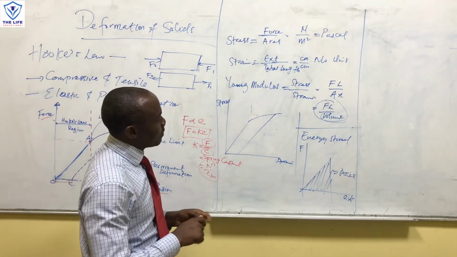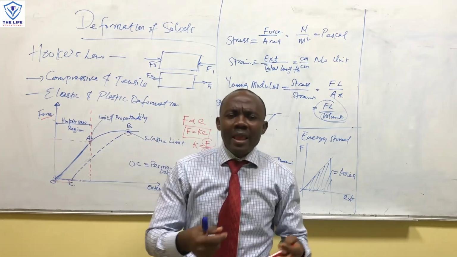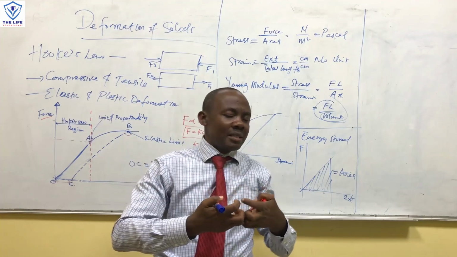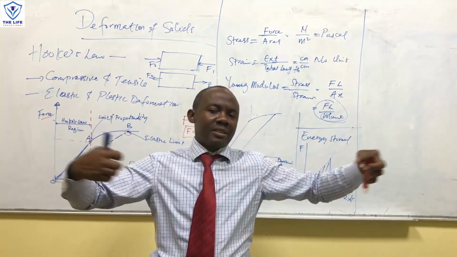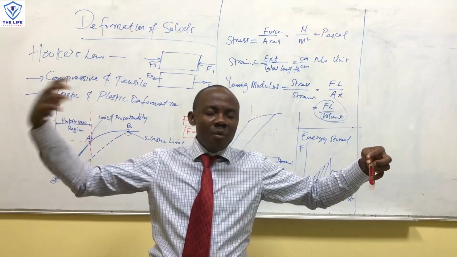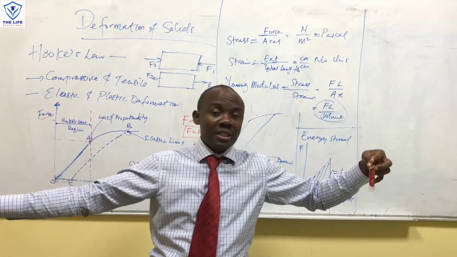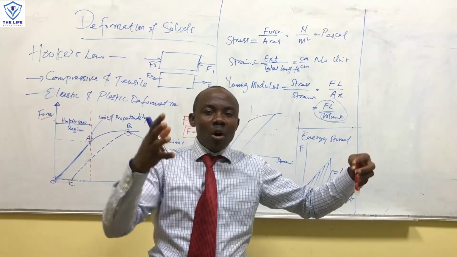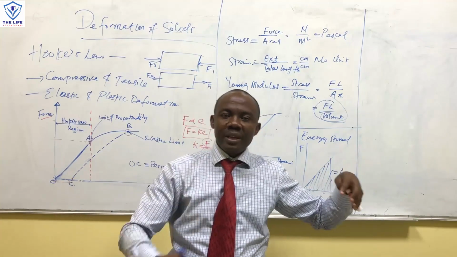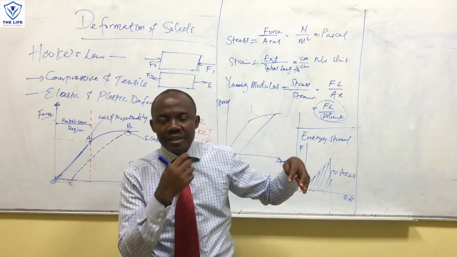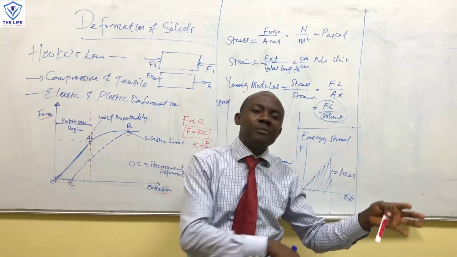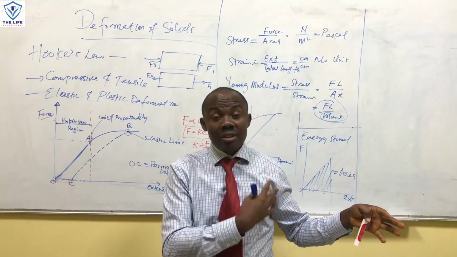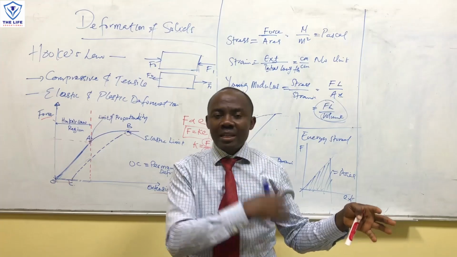Now the last thing that we need to talk about is, when I apply force to an elastic material and the material extends, don't forget, if I remove the force on that object, if the object is still elastic, if it obeys Hooke's law, if the elastic limit is not exceeded, it's going to move back to its initial shape, its initial length.